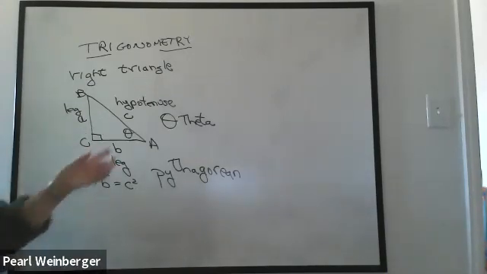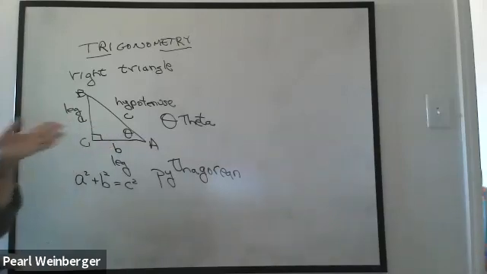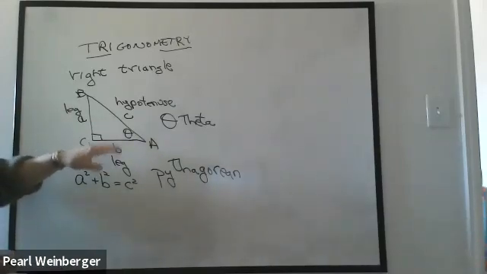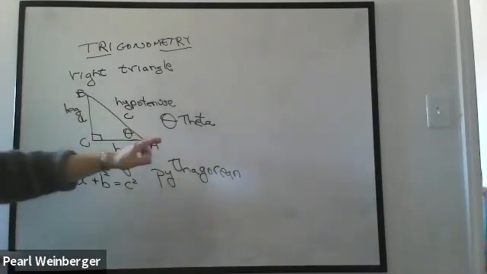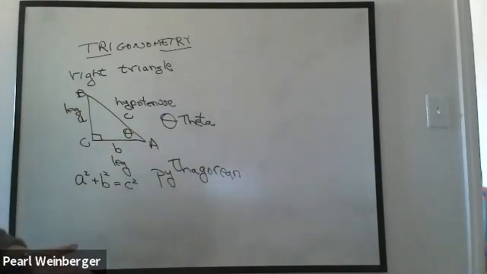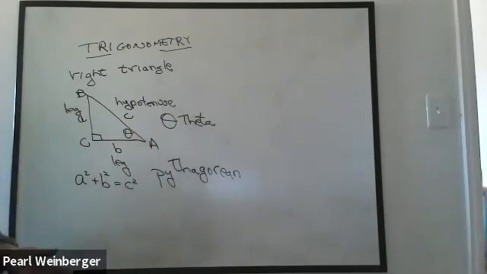So again, just like we're using Greek letters now for hurricanes, we're going to be using Greek letters to name angles in trigonometry. Again, this theta is sort of like the X. The X is the most popular letter used as a variable. Theta is the most popular Greek letter used as a variable.